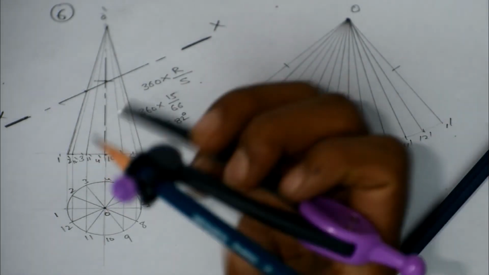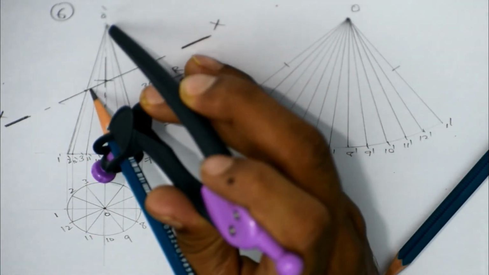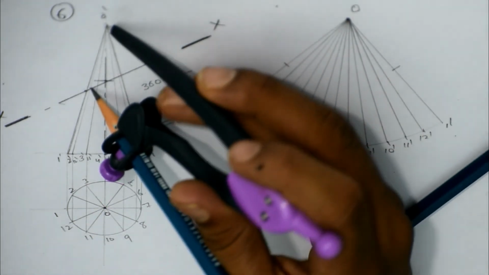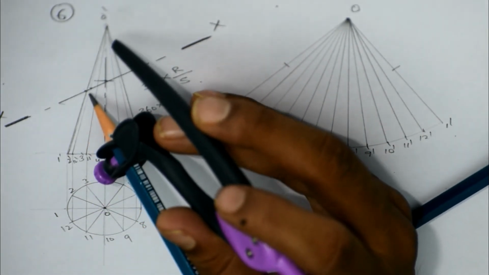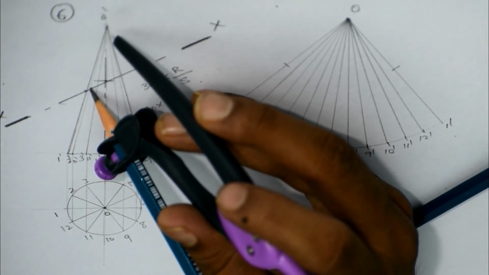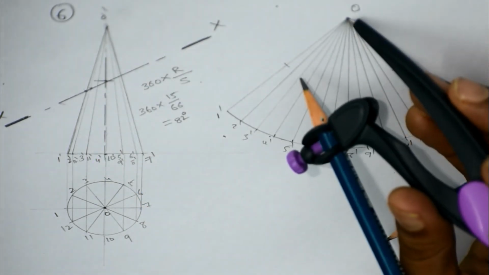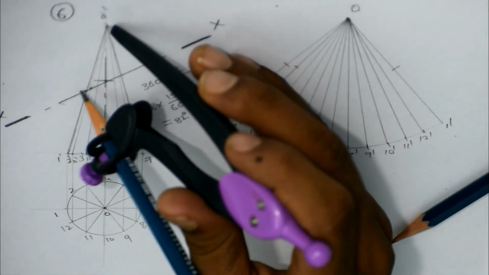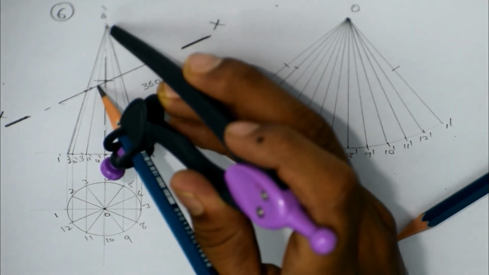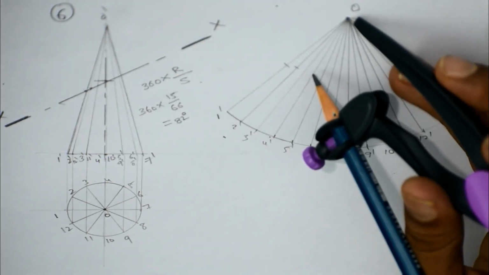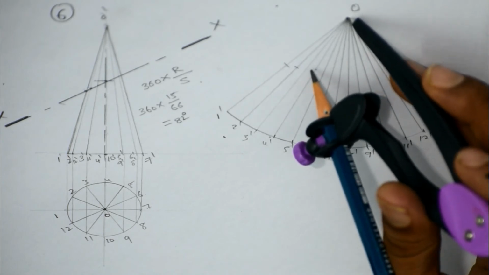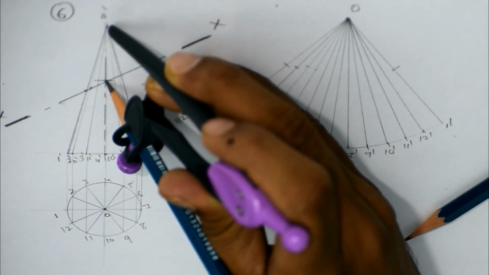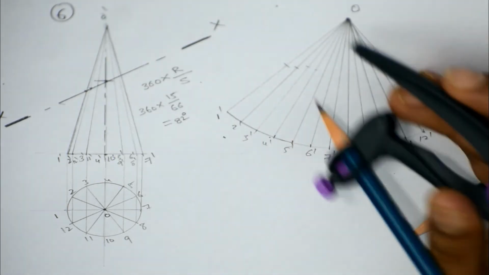In a similar way, this is your second generator. From the O dash, the second generator is passing through this point at this cutting plane. So we need to take the distance, and from again the center, you need to cut this arc. Moving on with the other generators, this is the third generator. This is the fourth generator.